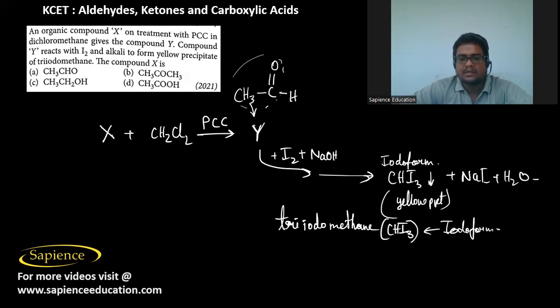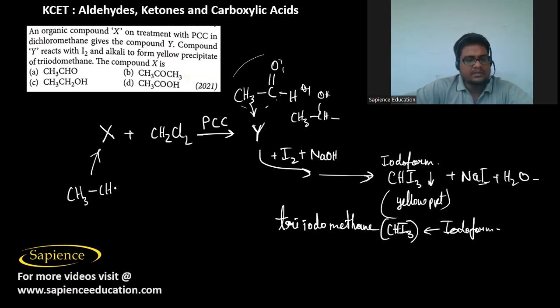Since it is giving the iodoform test, it should contain the CH3CO group, or it can contain the CH3CHOH group also. So the compound X should be CH3CH2OH, which is ethanol.